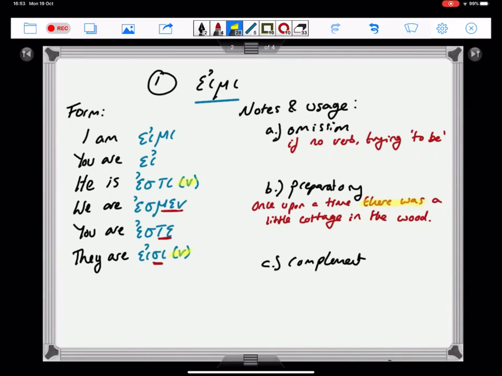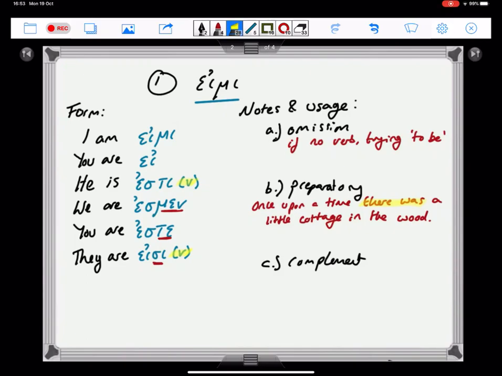So we've talked about Greek word order a little bit, and we'll do so a bit more in this video, but unusually if you see estin at the beginning of a sentence, think there is, there was, there are, there were, depending on the number, and then start filling in all the rest of your nouns. Don't try and go X is Y.